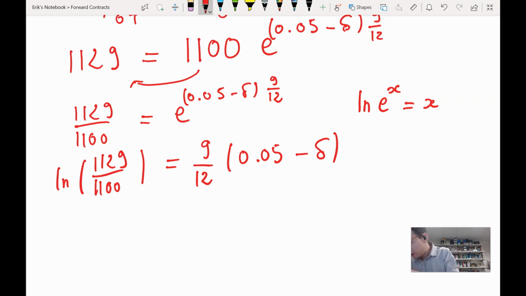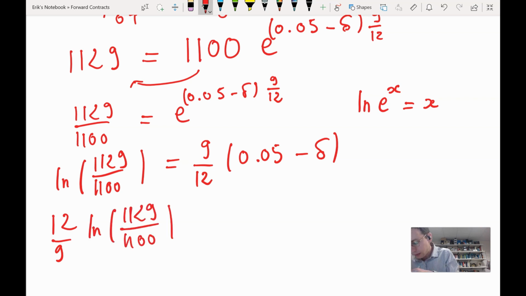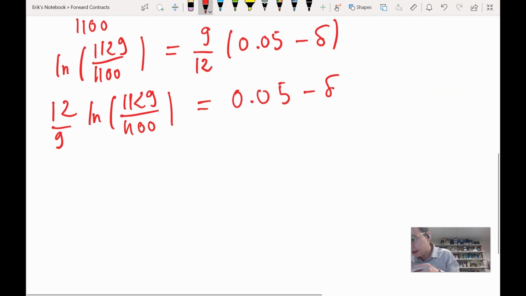I'm going to multiply everything by 12/9, right? I'm going to bring those on the other side. It is equal to 0.05 minus delta. And now I'm ready to express delta as a function of things that I know.